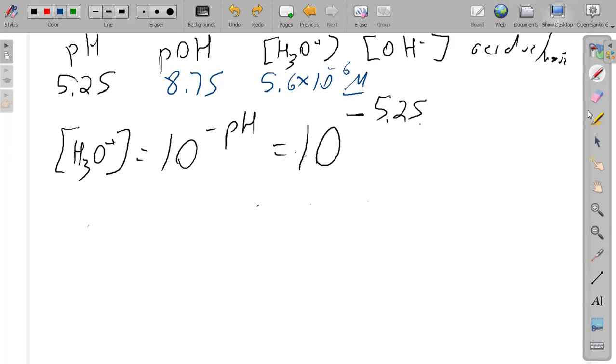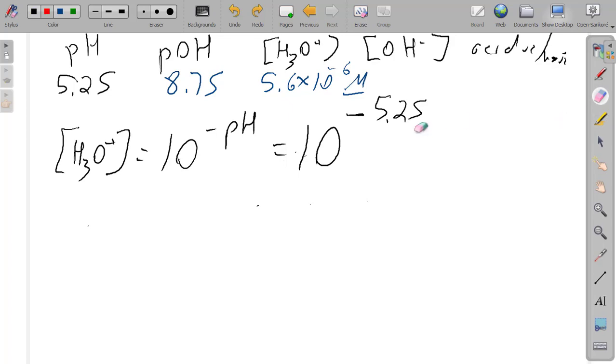All right. Now we want the hydroxide concentration. So I only have to erase a strategic part here. Forgot to change again. One there, okay.